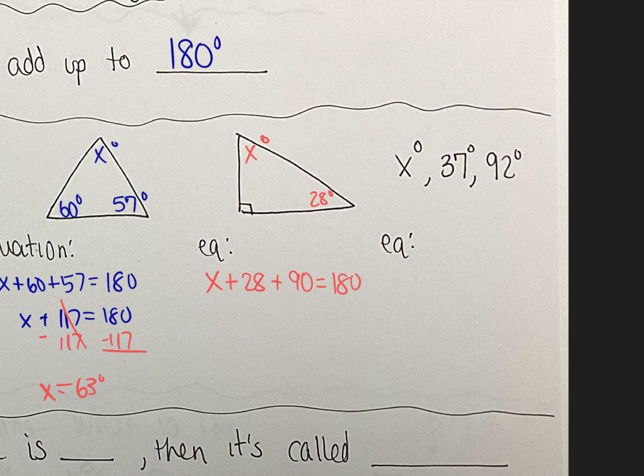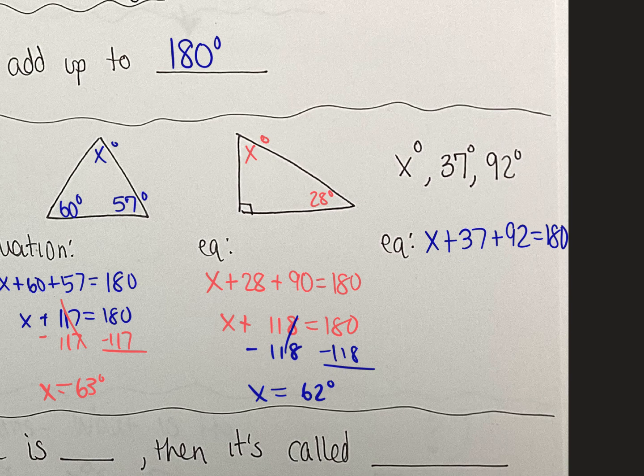Pause the video. X is 62 degrees. I keep coming up with these numbers that are so close. Okay, let's see what this one is. No picture, but they told me two of the angles, so we can still make an equation out of it. X plus 37 plus 92 equals 180.